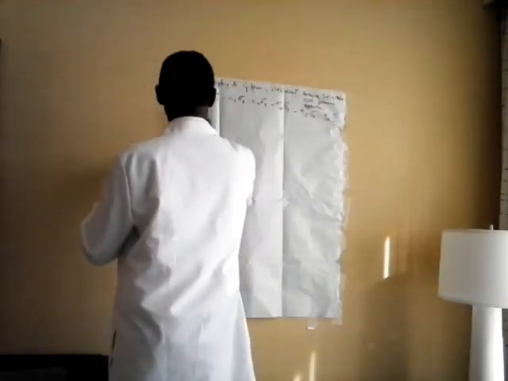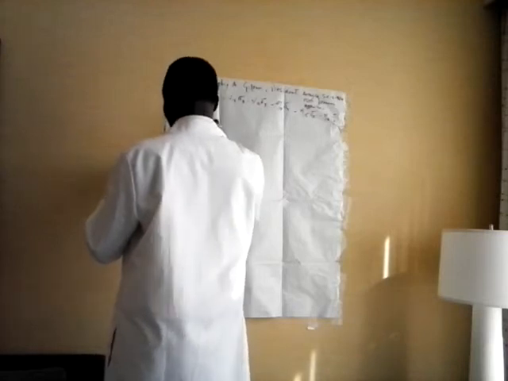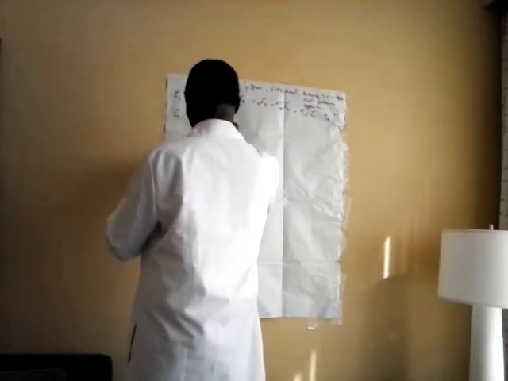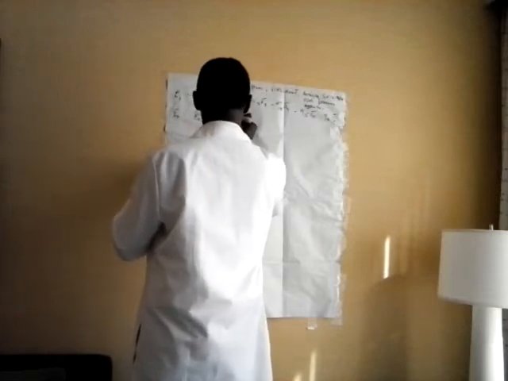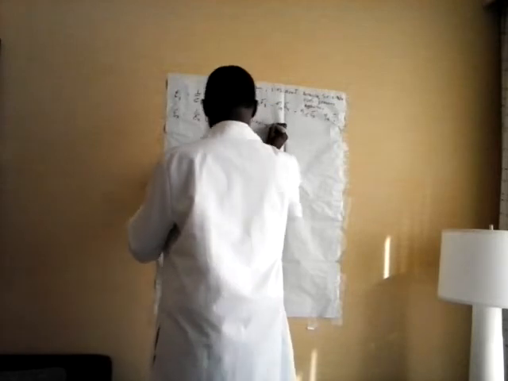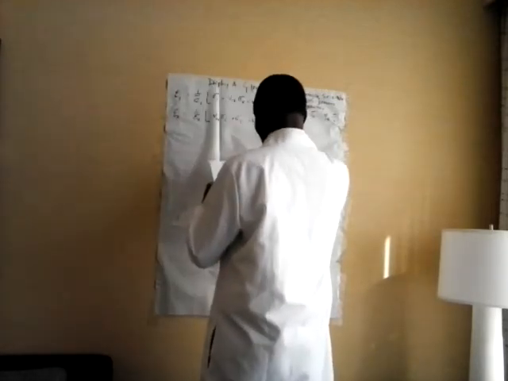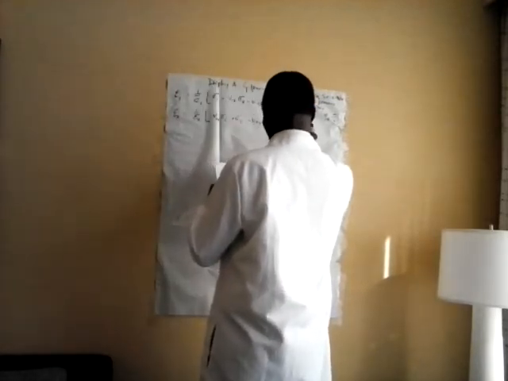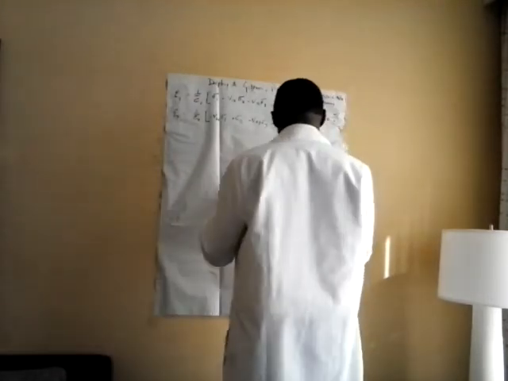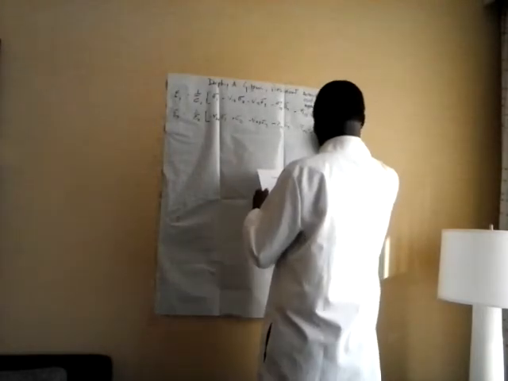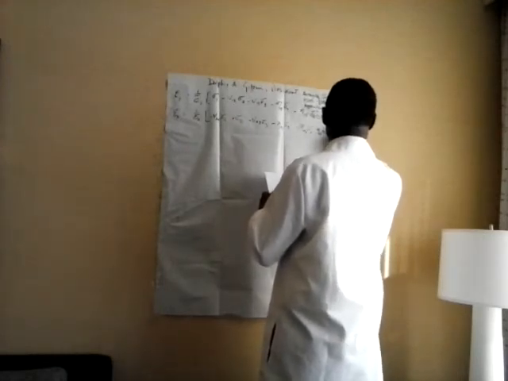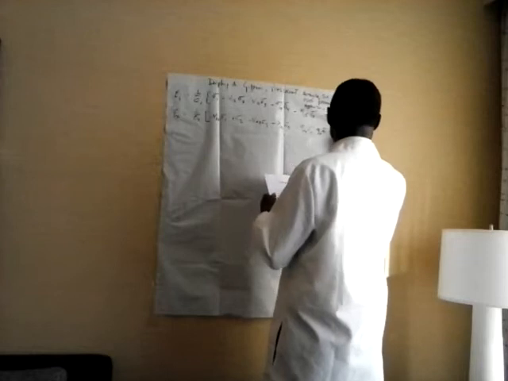For epsilon 2, we have 1 over E2, times minus V21 sigma 1 plus sigma 2 minus V23 sigma 3 minus V24 sigma 4 minus V25 sigma 5 minus V26 sigma 6.